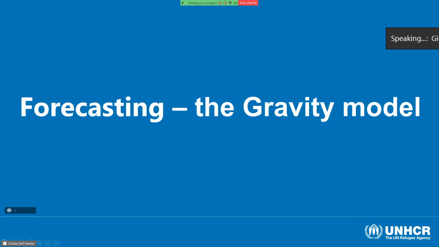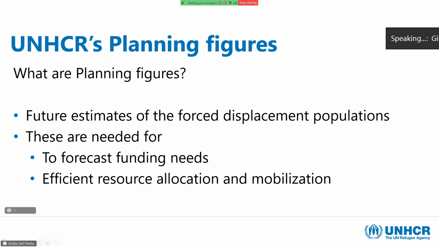And before I explain what the gravity model is, I thought of explaining what UNHCR's planning figures are. And these are basically future estimates of the forced displacement populations in the next 3 years.